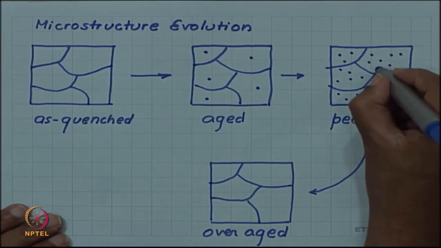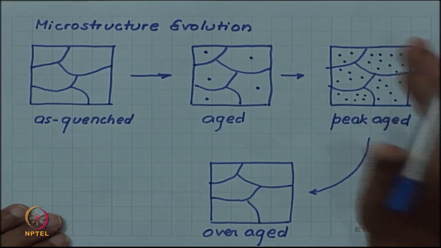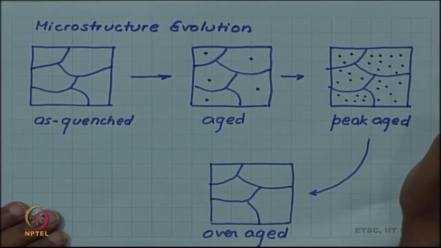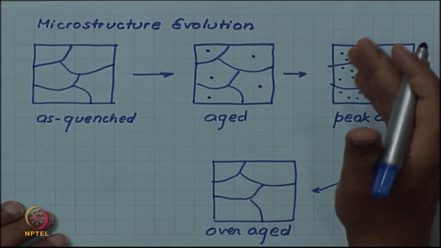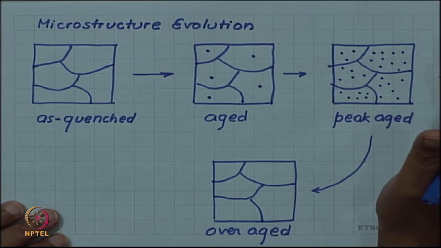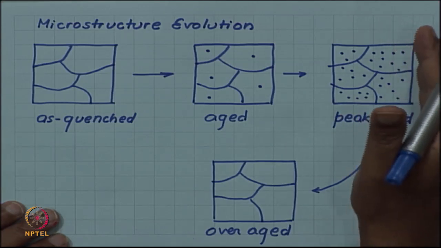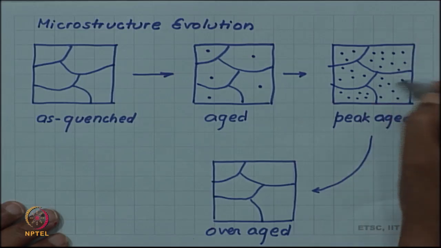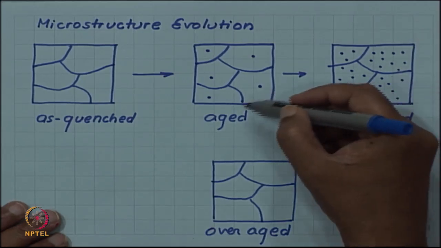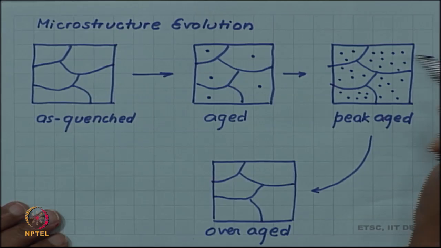So, you have a larger number density of precipitates in the peak aged condition. You can think of each precipitate as an obstacle center for dislocation motion. So, obviously, there will be more hindrance for a dislocation moving in the peak aged condition than in conditions before the peak aging.